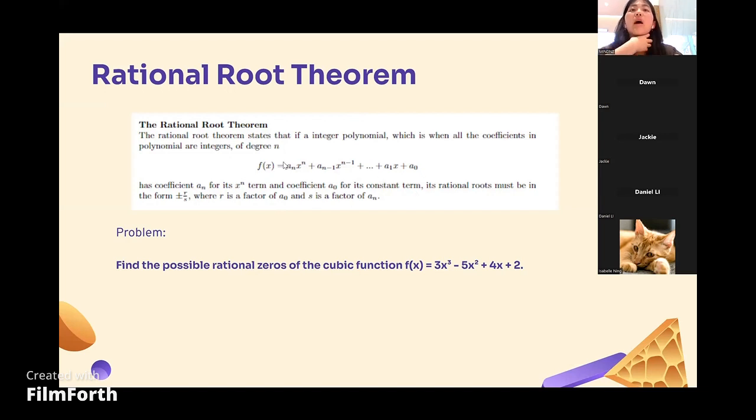It tells us that all the rational roots of this polynomial have to be of the form plus or minus r over s, where r is a factor of a0 and s is a factor of an. So if our polynomial has a rational root of a half, it means 1 has to divide a0, and 2, which represents the s bit, has to be a factor of an.